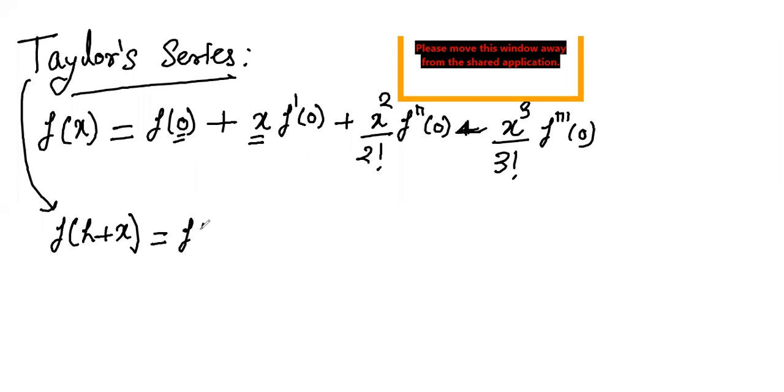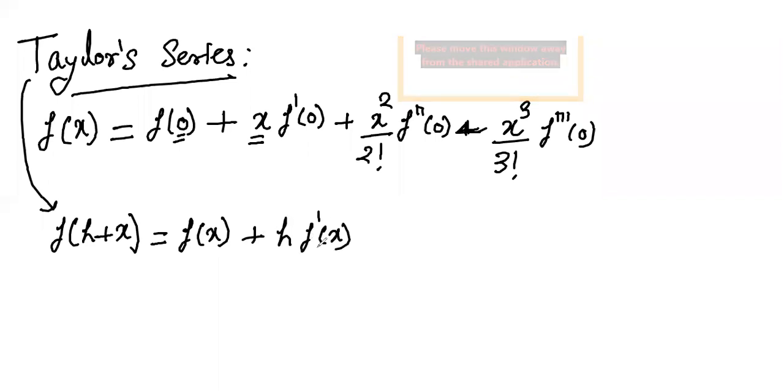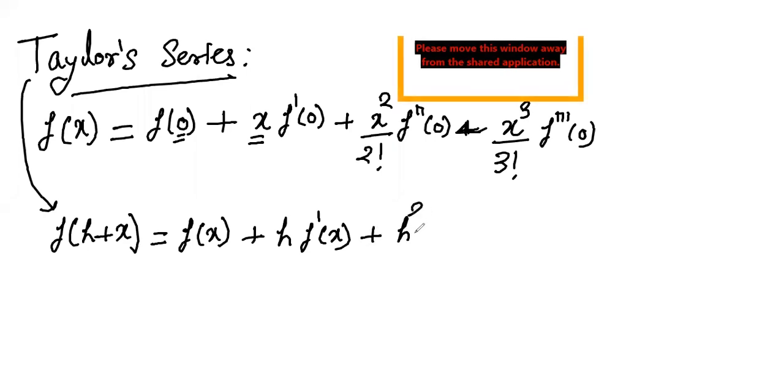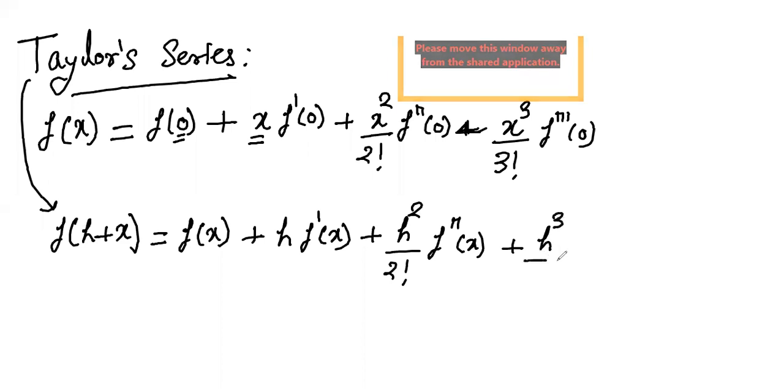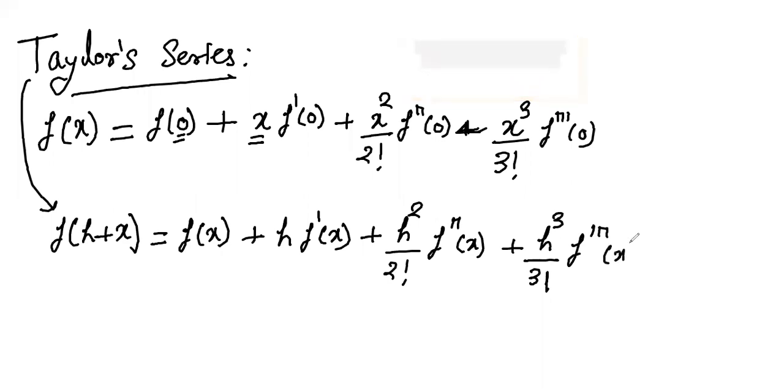This is f of x plus h f dash x plus h square upon 2 factorial f double dash x plus h cube by 3 factorial f triple dash x and so on.